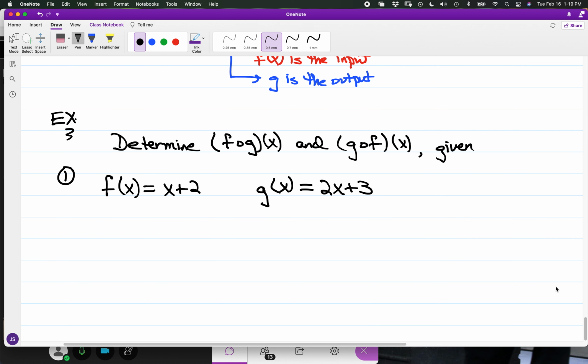Now, if I look at f composed with g of x, this is going to be f of g of x.